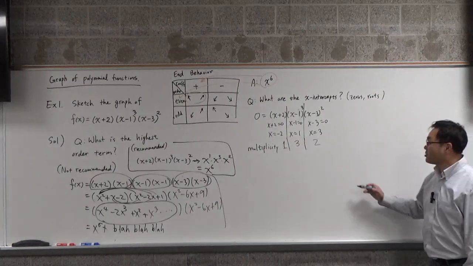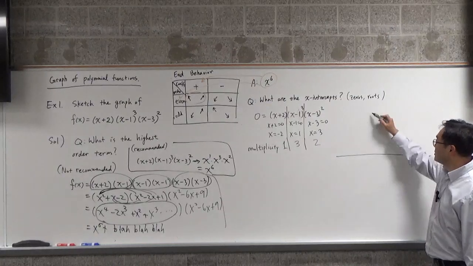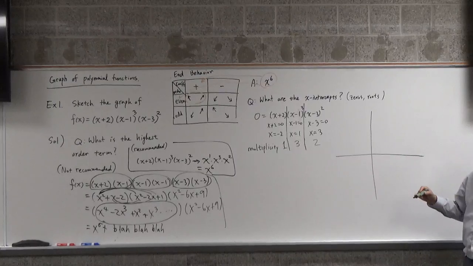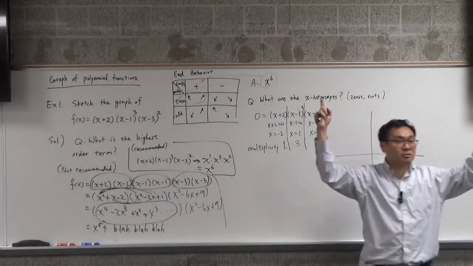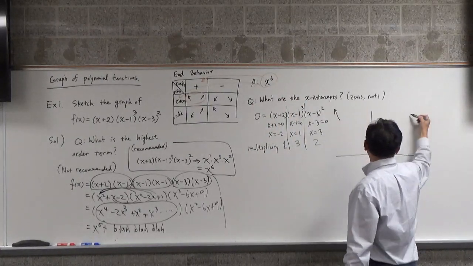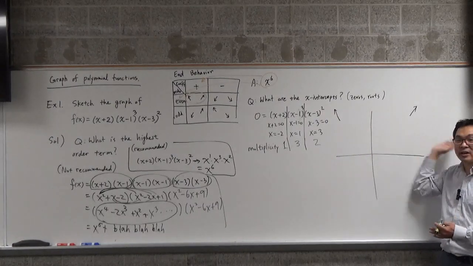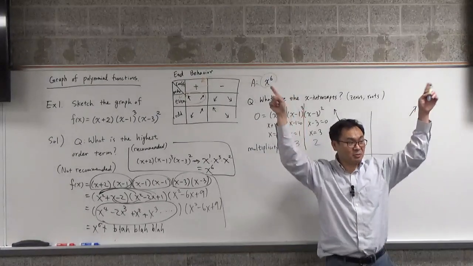So these are the multiplicities, and now I'm ready to draw the graph. First of all, the end behavior is this, right? So what you do is put it like that. So in the far end, far to the right or far to the left, the function will be increasing towards infinity.